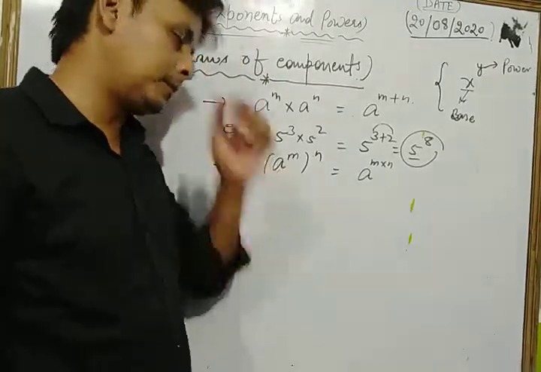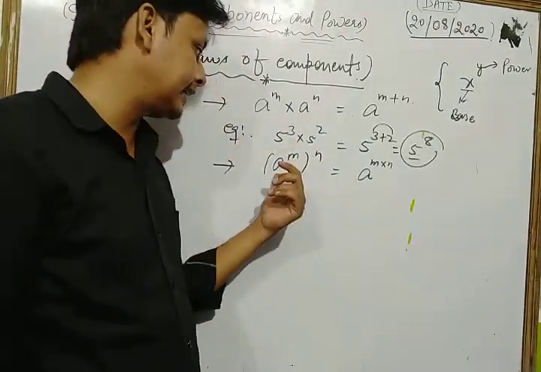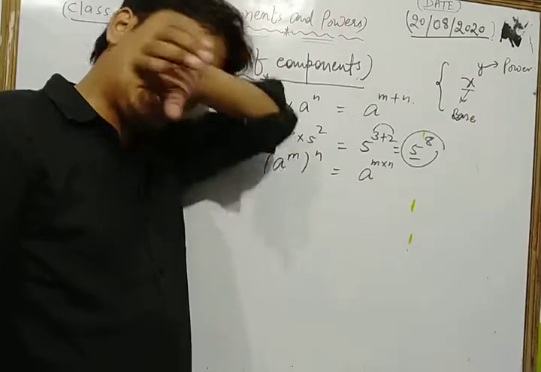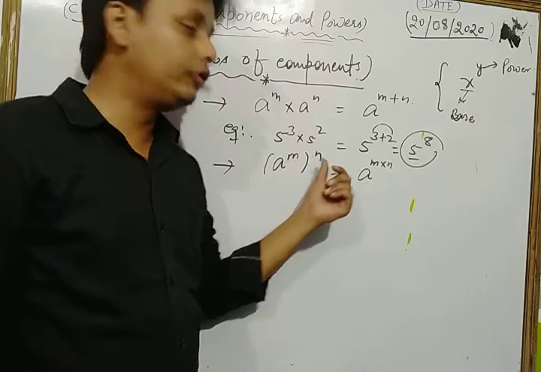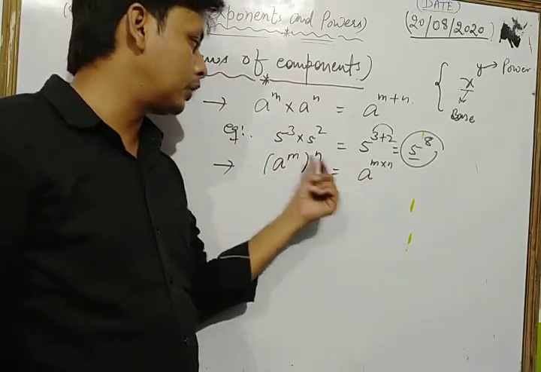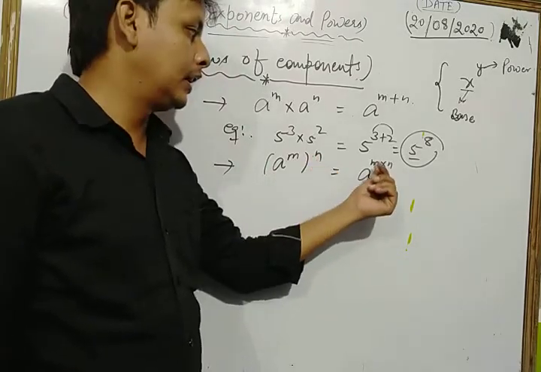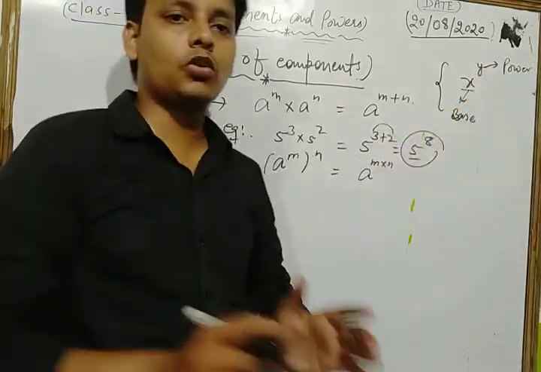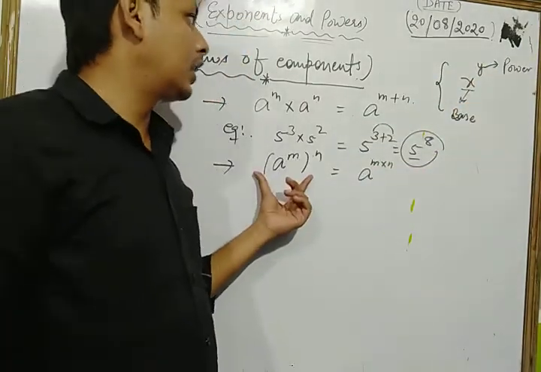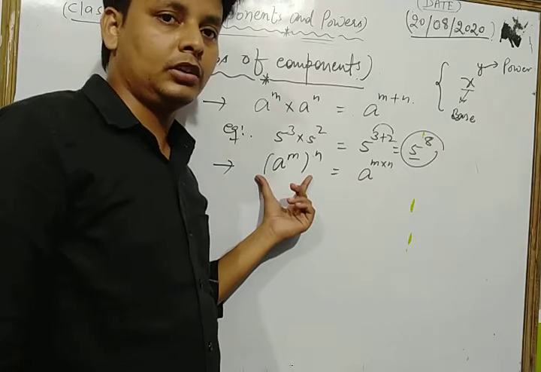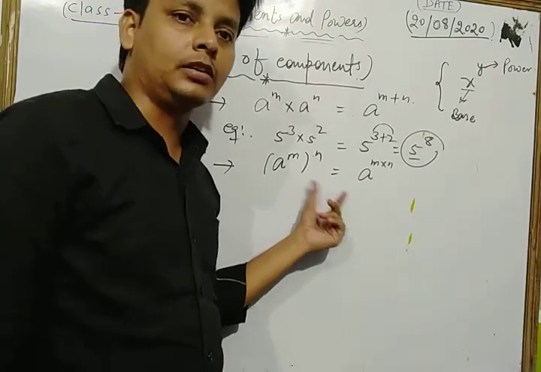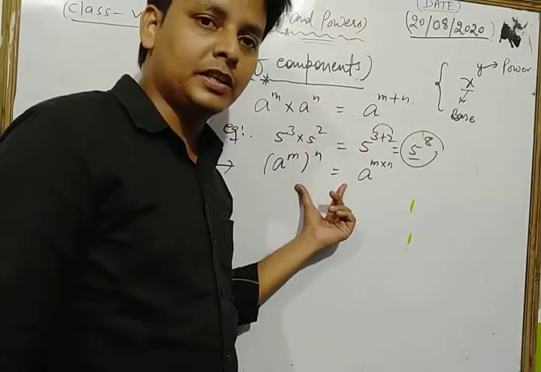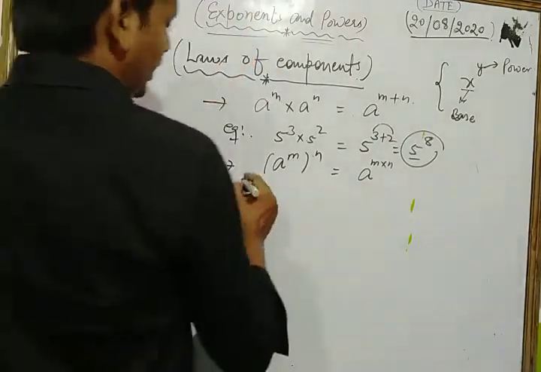Suppose any number is written in the form of a to the power m to the whole power n, then we can write a to the power m into n. This is the concept of this law of exponents. We solve many questions based on this law, and we take some examples. Let's see.